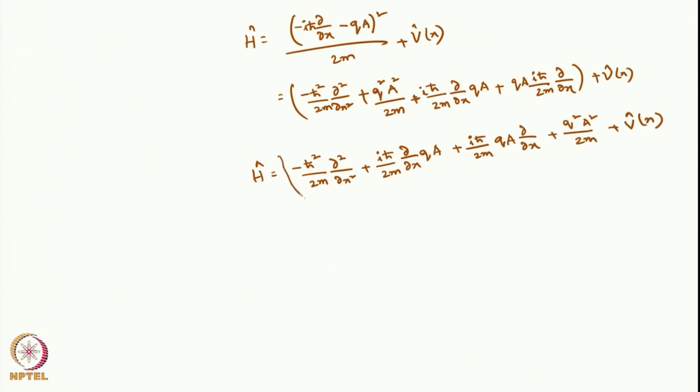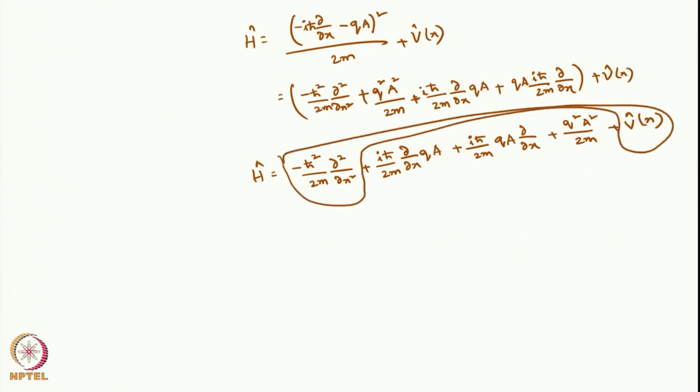Now we will see this equation, if you take the first term and the last term, this is nothing but the normal Hamiltonian.